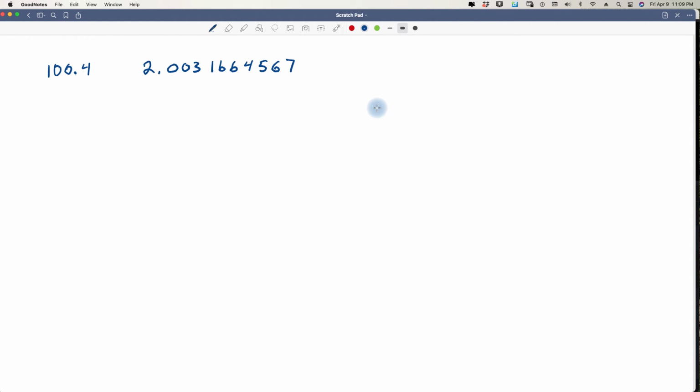That's a whole lot easier to say. So the 5th decimal place, 1, 2, 3, 4, 5, is this 6 right here. Is the number to the right equal to or greater than 5? It is greater than 5 because it's a 6. So we rewrite this number as 2.00317. Because this is more, we can add 1.